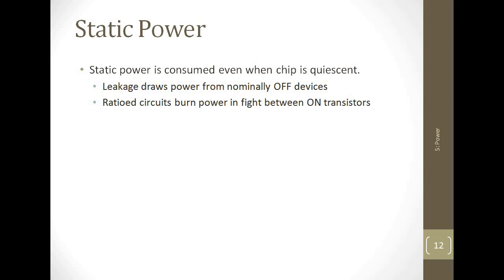Static power is consumed even when the chip is quiescent because it is due to leakage currents. Leakage draws power from nominally off devices also. Ratioed circuits burn power in the fight between on transistors. The short circuit currents are not too high, they are very small, but others say that we are supposed to ignore these leakage currents.